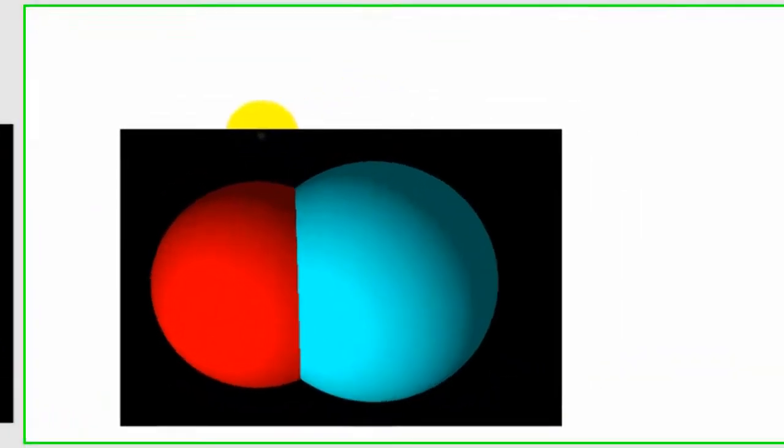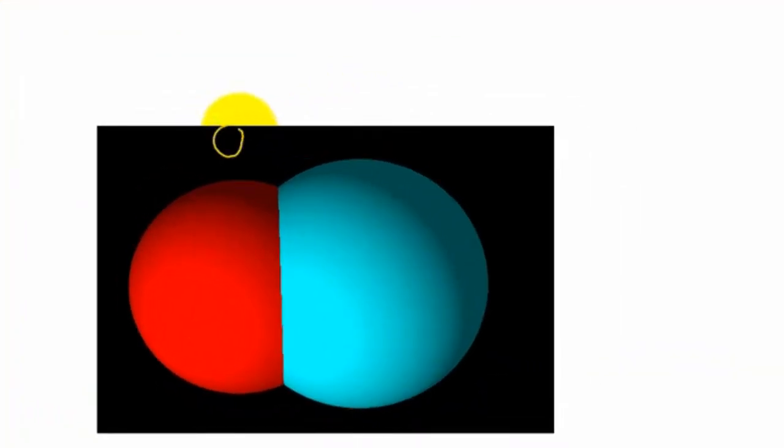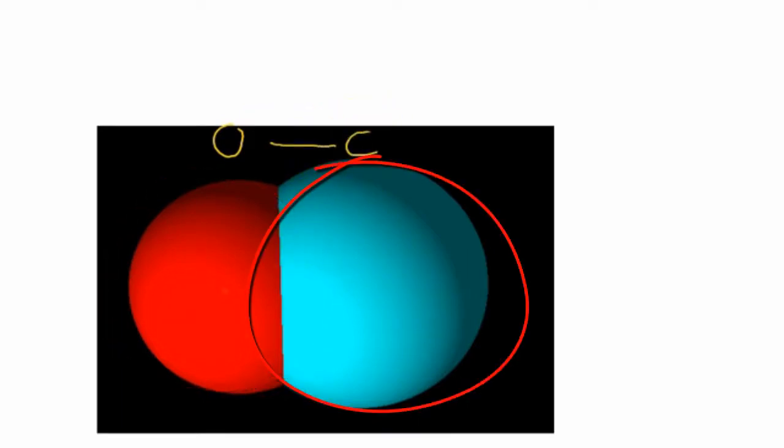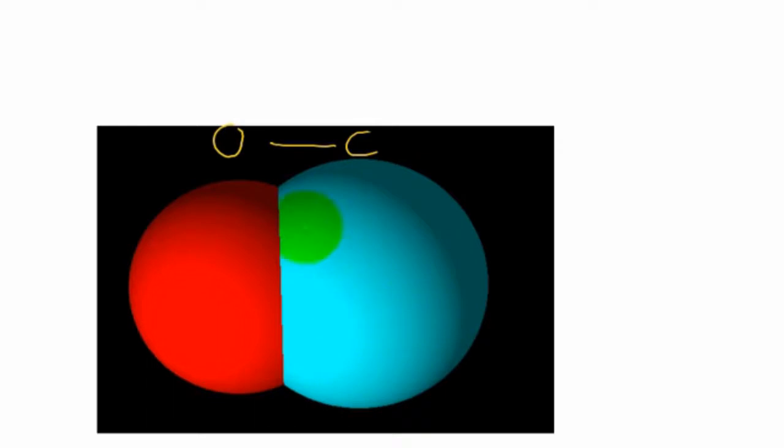Another example, oxygen bonded with carbon. Oxygen is smaller in size than carbon. The electron pair present in the center as a chemical bond is closer to the nucleus of the oxygen than that of the carbon. It means the nucleus of the oxygen is exerting more attractive force on the bonded electron pair than the carbon.